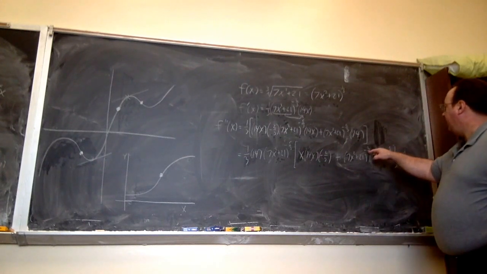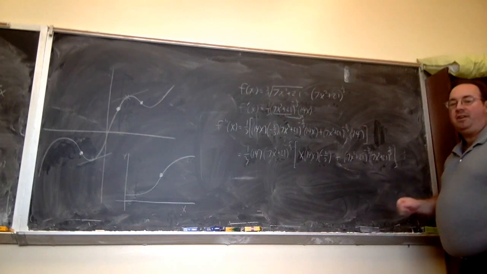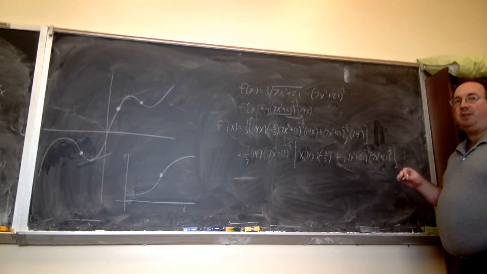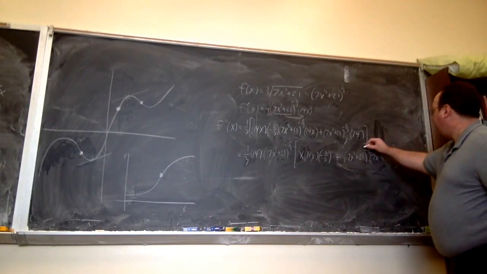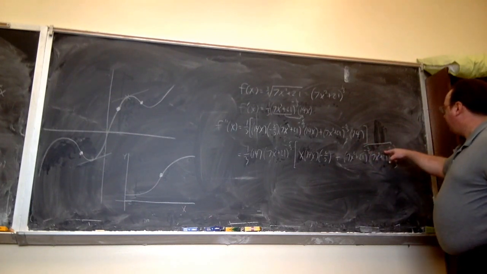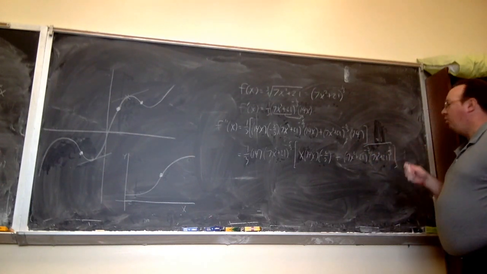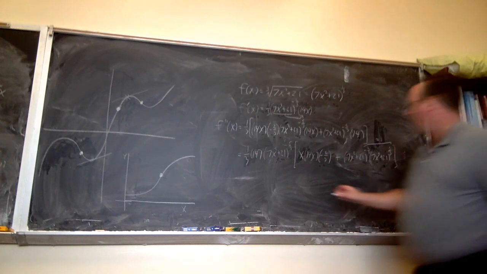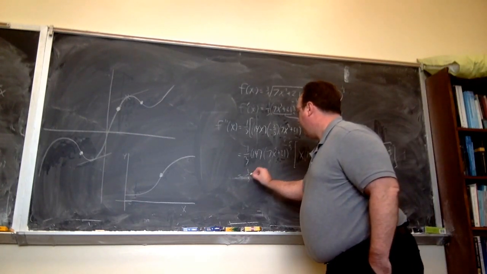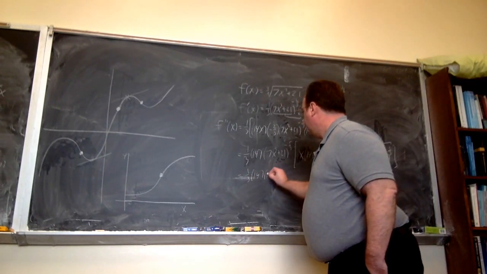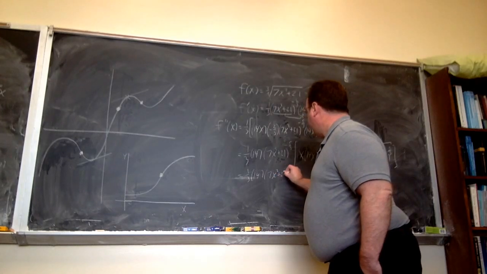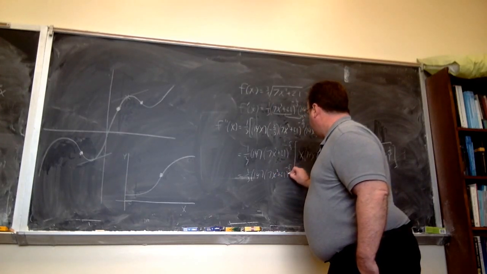So now I have the same base with different exponents multiplied together. Because they're the same base, I add the exponents. Well, minus 2/3 plus 5/3 is equal to 1. So now I have all this out here, (7x squared plus 21) to the minus 5/3.